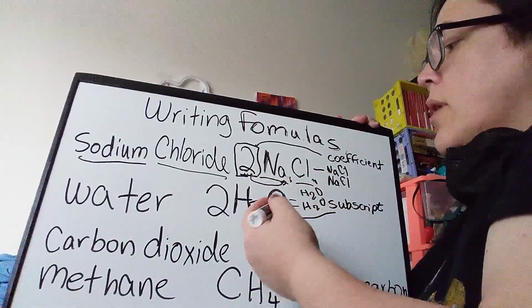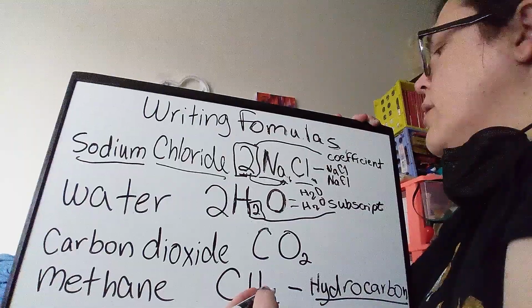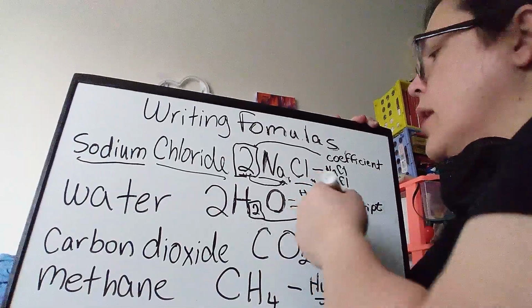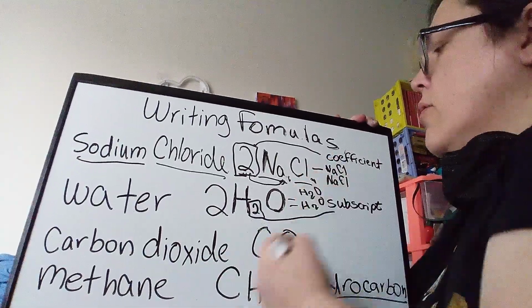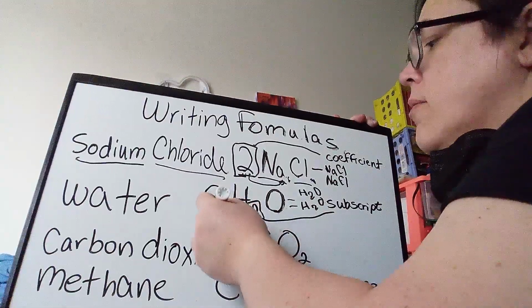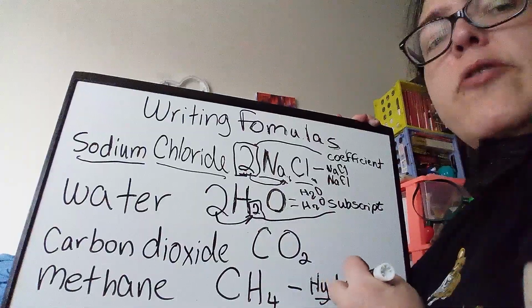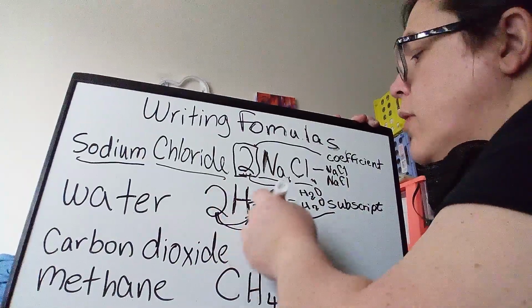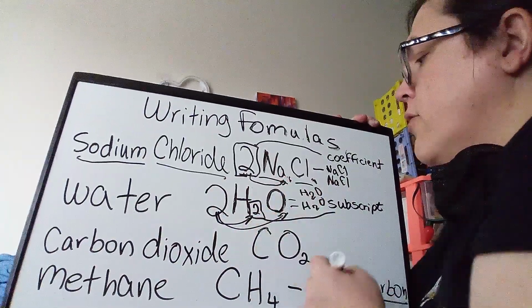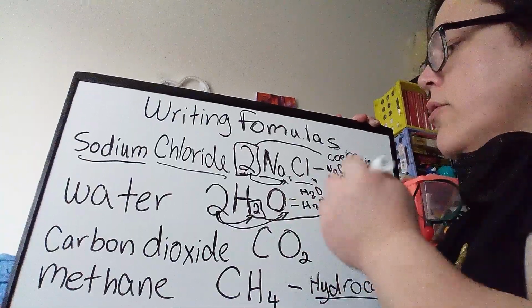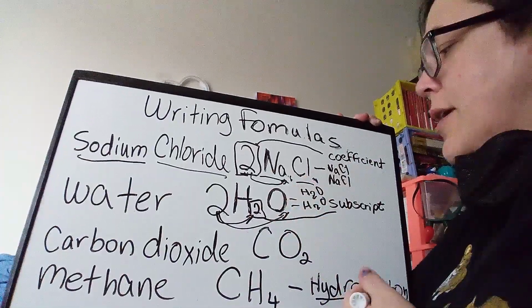If I were to calculate how many atoms of hydrogen I have, I will have 2 plus 2, that's equal to 4, and 2 atoms of oxygen. Shortcut: multiply 2 by the 2, that gives you the number of hydrogen atoms, and multiply 2 by the 1 after the oxygen, that will give you 2 atoms of oxygen.